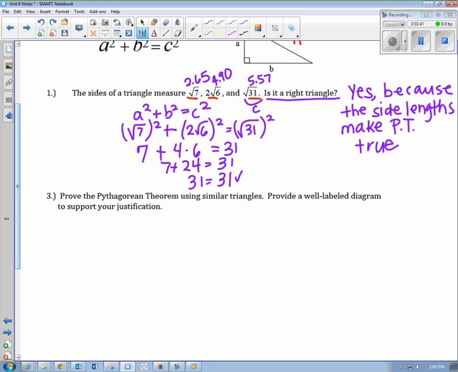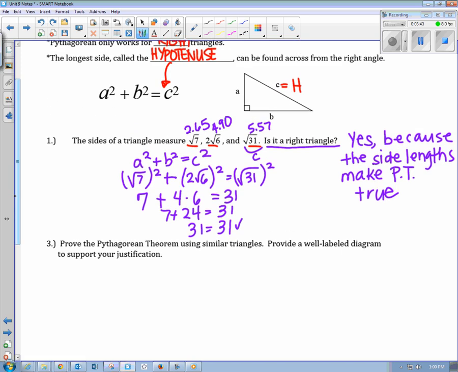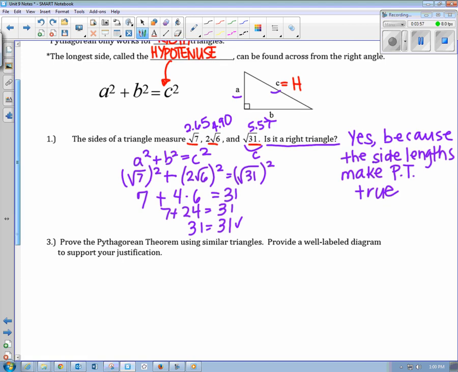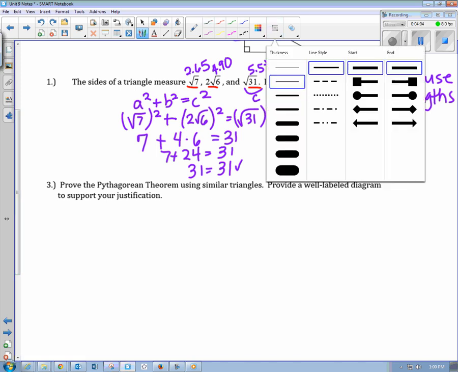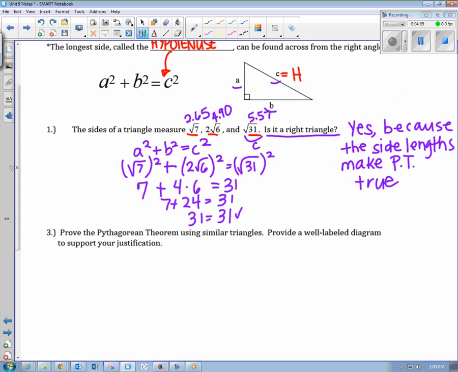So if you look up here at the right triangle that they have drawn, they have the side of A, the side of B, and then the side of C that's over here. I'm actually going to use that same triangle, but I'm going to rotate it in such a way that I have the hypotenuse side down.